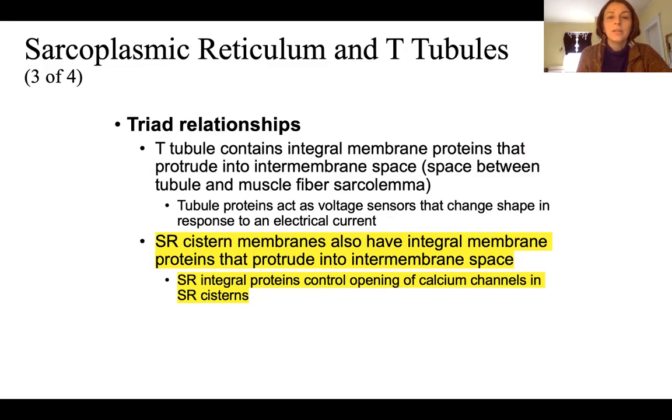So the T-tubule has membrane proteins that go into that space. These membrane proteins act as the voltage sensor. So an electrical impulse is going to cause the protein to change shape, and this is also going to communicate the need for muscle contraction. The sarcoplasmic reticulum cistern membranes have proteins that protrude into the membrane space as well, and those proteins control the opening of the calcium channels in the cistern.